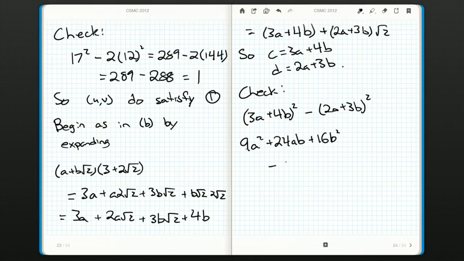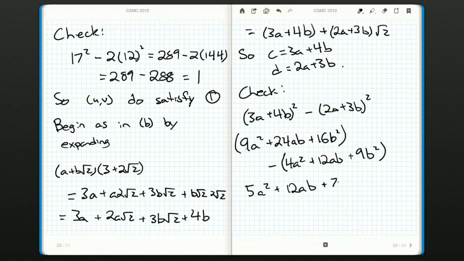We're going to subtract off 2 times 4a squared, 12ab, and then 9b squared. So that amounts to 5a squared plus 12ab plus 7b squared.